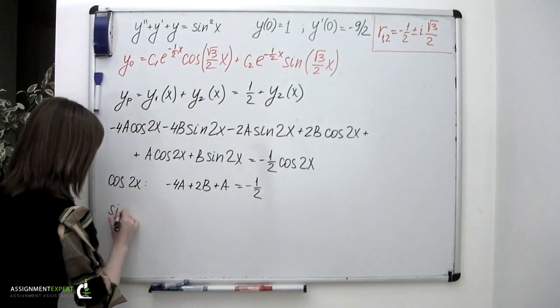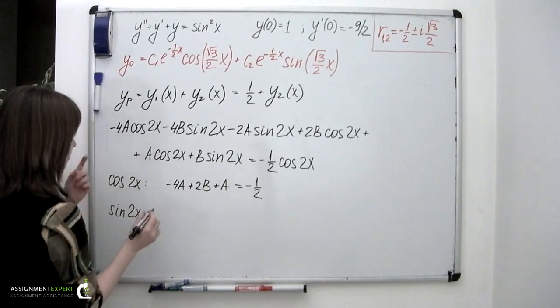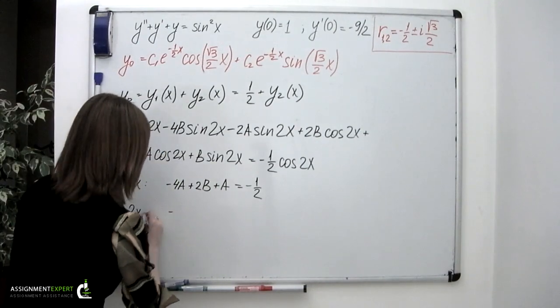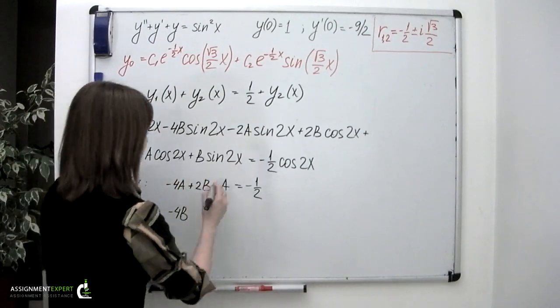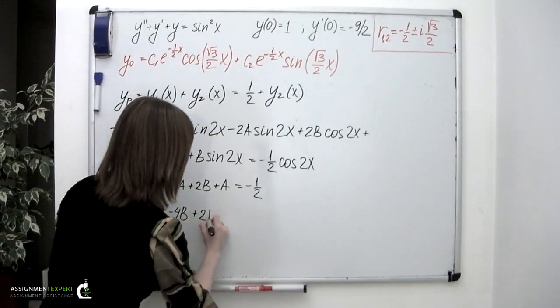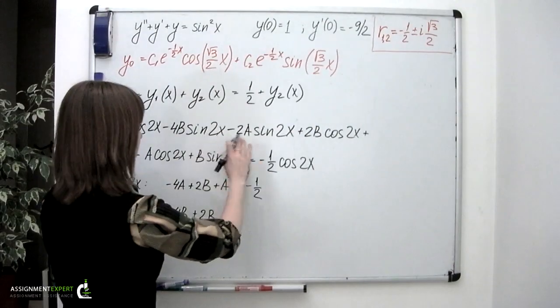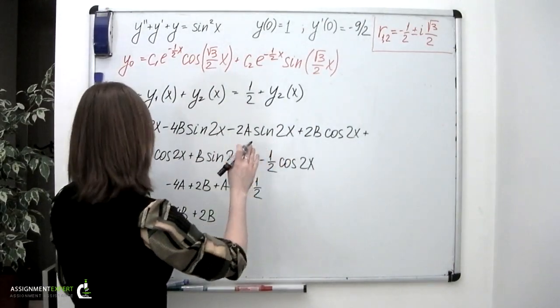Next to the sine of 2x, we have negative 4b plus 2b, right, or not? No, it's not.